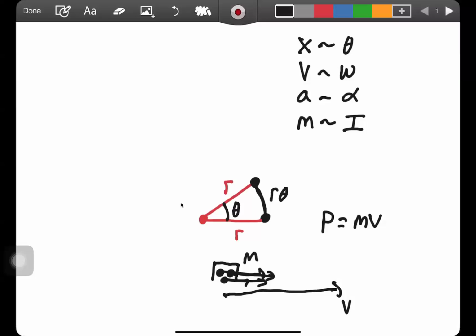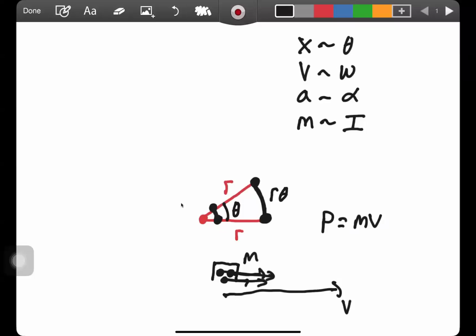Now, so this mass right here, imagine if instead the mass was, say, right here with respect to the axis of rotation. So for the same angle theta, can you see before and after there? That's not as much distance that's been covered as has been covered out here.